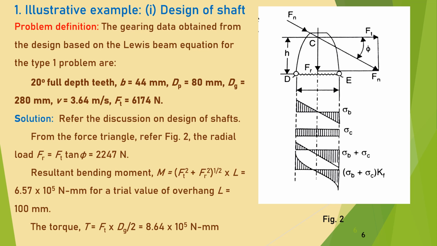We have taken a trial value of overhang L because in the equation of L, the shaft diameter is not known to us. The torque for the gear shaft is Ft into dg by 2 and its value is given here.